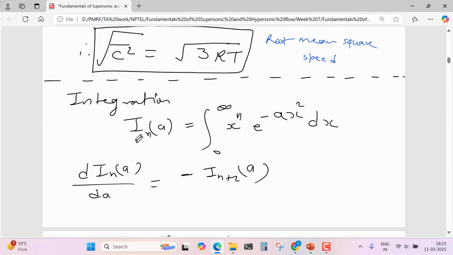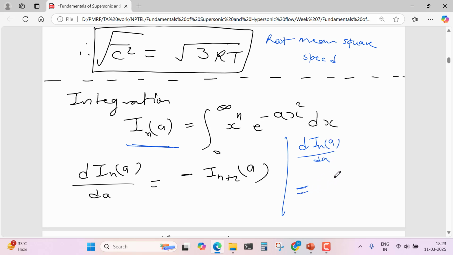If you take its derivative with respect to a, you can see that dI_n(a)/da equals what? This minus x² will come out as a derivative, so you will get minus I_(n+2)(a).